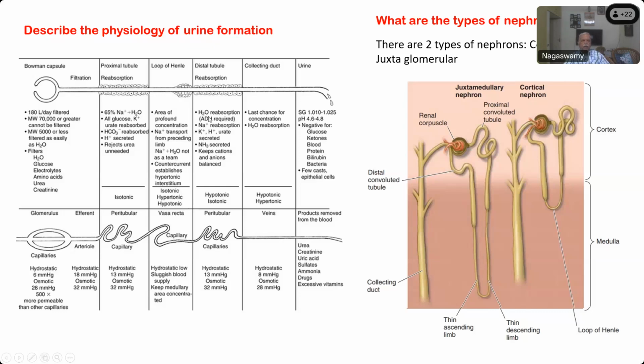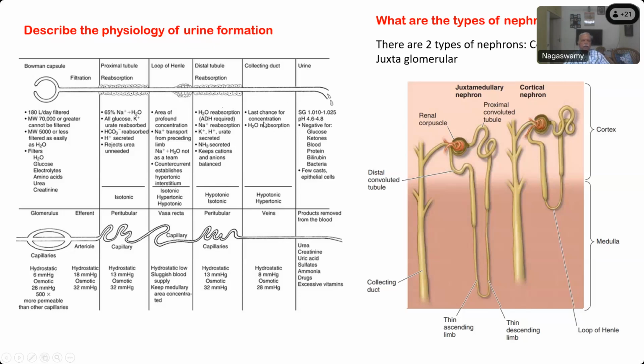And in the distal convoluted tubule, the hypotonic fluid is again reabsorbed with the help of ADH. Some sodium is also reabsorbed, but potassium, hydrogen, and urate are secreted back into it. Ammonia is also secreted to keep the cations and anions in balance. Initially the fluid will be hypotonic, then it will become isotonic.